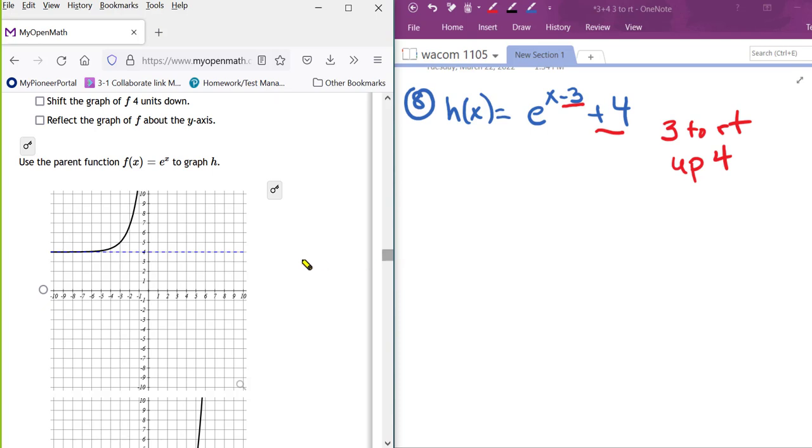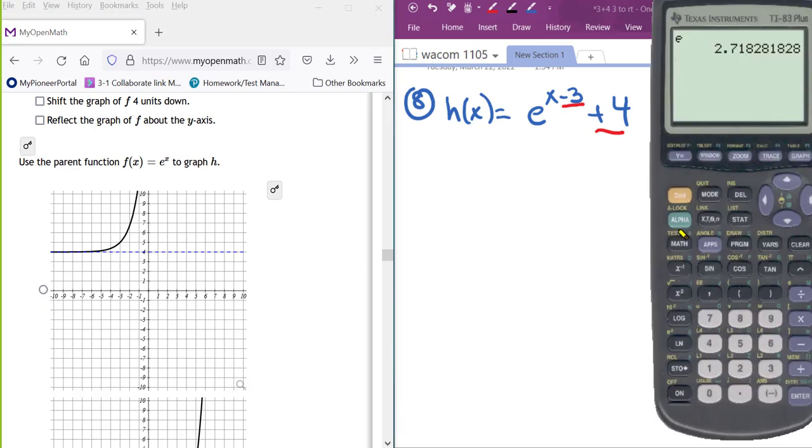And so first let's go ahead and pull up our calculator. And we'll do y equals. And I'll put in plain e to the x first.